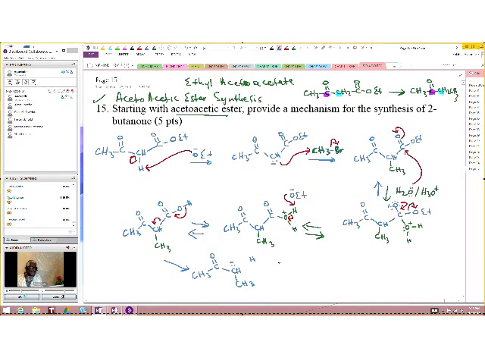And then the enolate will simply grab the proton right here, and we get our product right here. Now we get the 2-butanone. So what we've given you here is the mechanism of the acetoacetic ester synthesis.